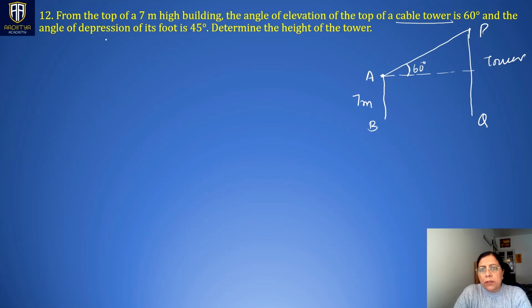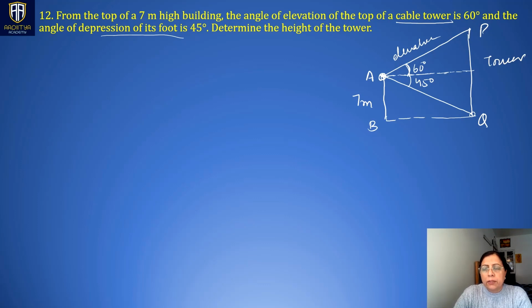That means we are looking at depression of its foot. From the same point, top of the building, we are looking at the foot of the tower. So this is a normal line of sight. From here, if we look at the top, this is angle of elevation of the top of the tower, and this is angle of depression, which is 45 degrees when we look at the foot of the tower.